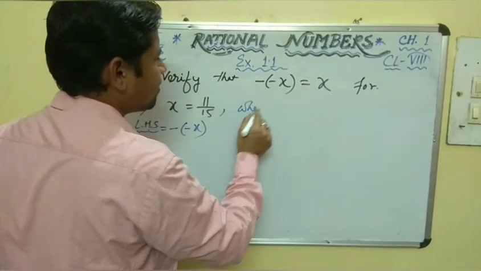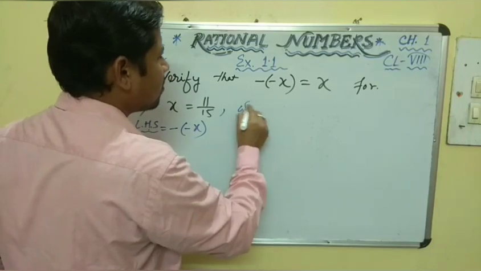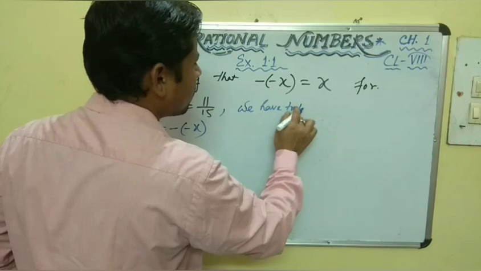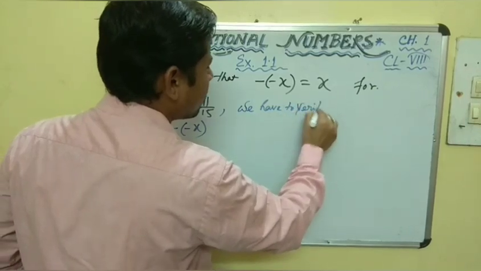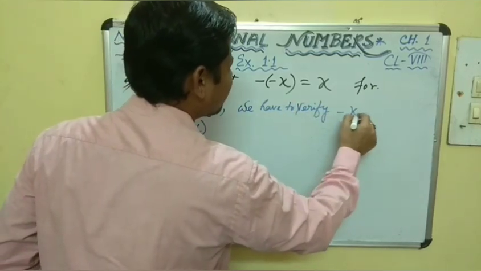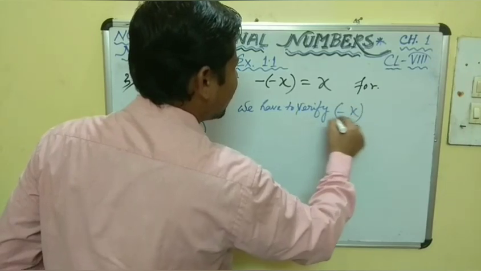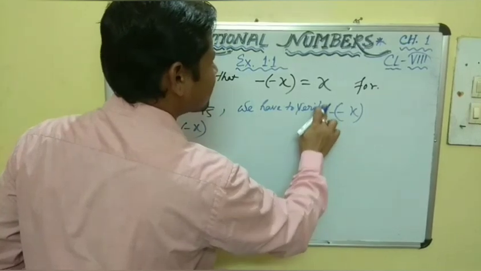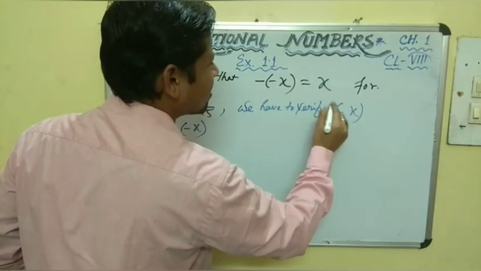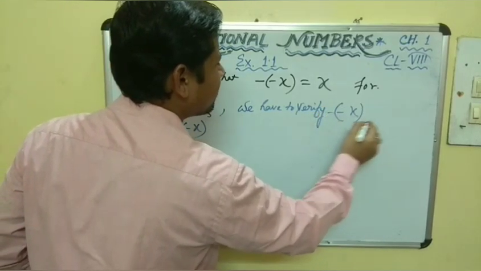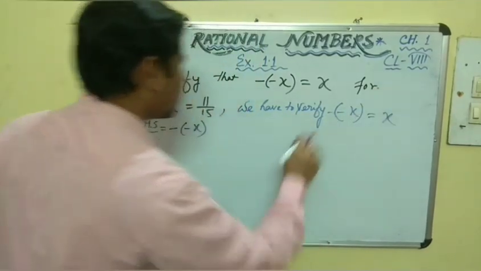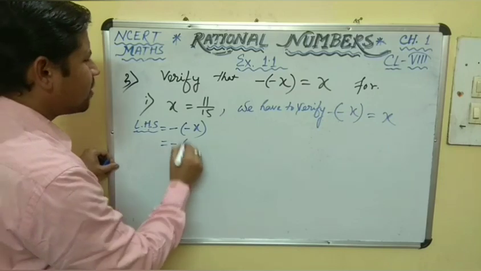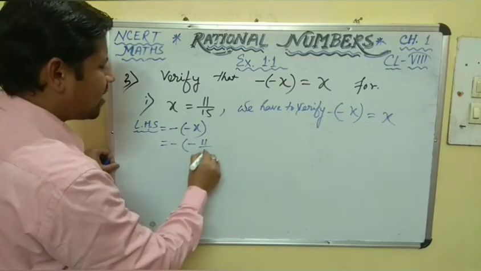What do we have to verify? Minus of minus x equals x we have to prove. So the left hand side is minus of minus x, so minus of minus 11 by 15.